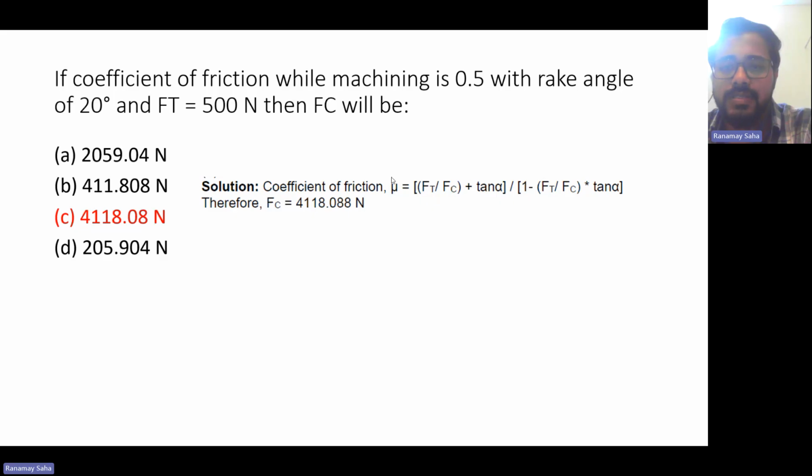You just have to replace the unknown forces, friction and normal, in terms of the known forces, the thrust force Ft, and the angle alpha is also given. Find out Fc, which is option C. C is correct again here.